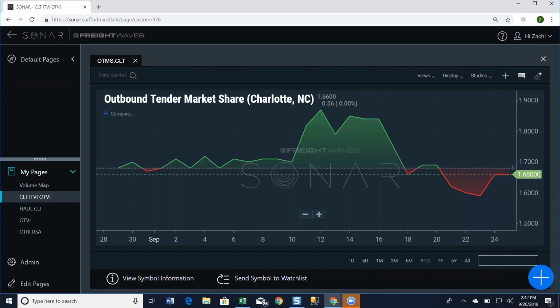Yeah. And the consistent thing that we try to let our users know, whether it's percent rejection or tender volume or market share, is that every market operates differently and is affected by different factors. So monitoring the change is really the important thing. In talking about head haul index, for example, I know you showed Charlotte with the negative value, and you talk about markets like Seattle and LA.